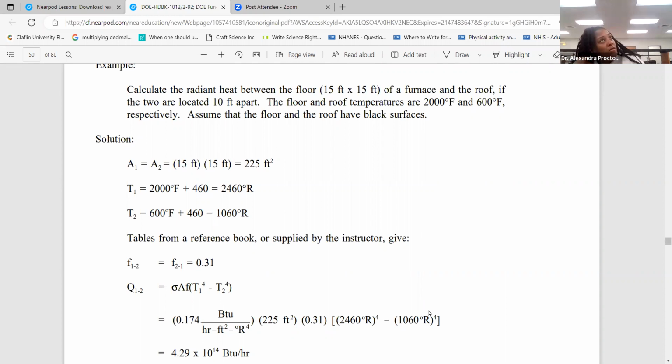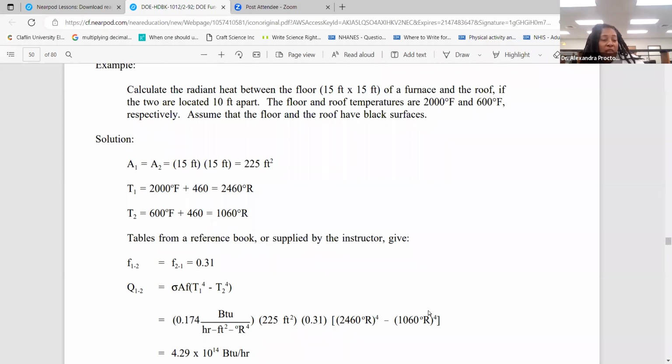The F, which is supplied from the book for this particular scenario, is 0.31. Again, some values are constants. They're already previously calculated because they've been experimentally determined. They've always gotten the same number, which is 0.31, so this would be something that you would be able to look up. Q is equal to sigma A F times T1 to the fourth power minus T2 to the fourth power.